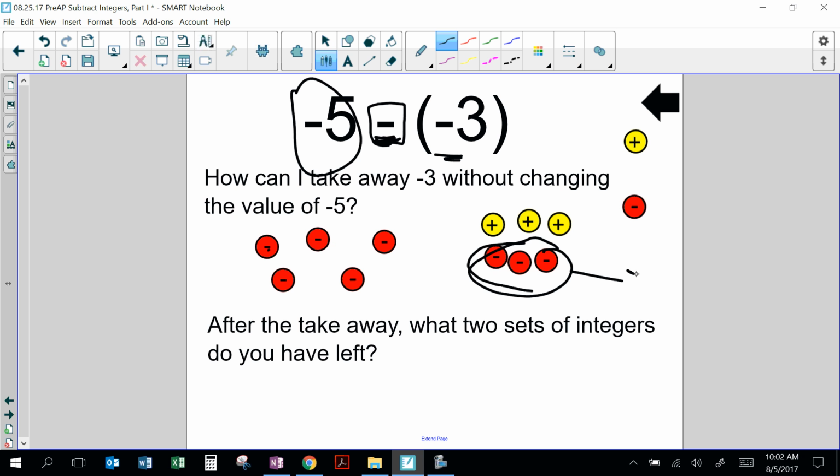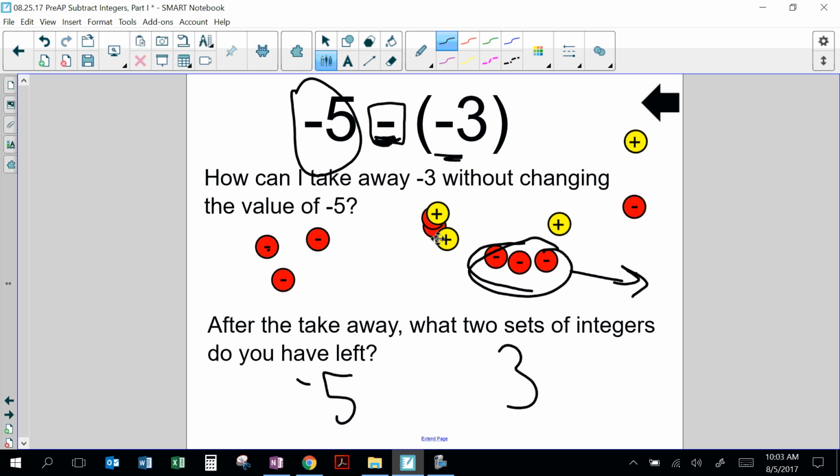They go away. So I'm left with -5, and I'm left with 3. What happens when you have a negative and positive? Zero pairs. So the answer is negative 2.